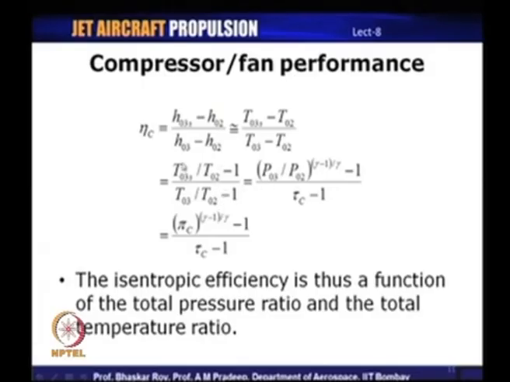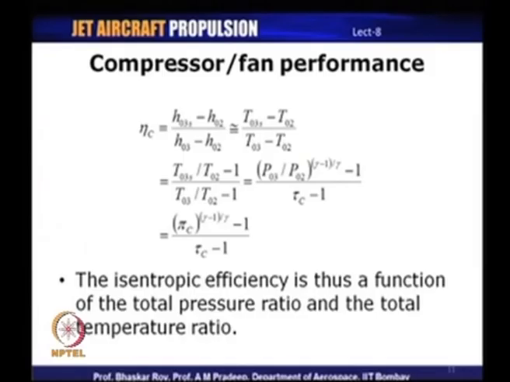The first term that you see here, the stagnation temperature ratio, one of them being isentropic, can be expressed in terms of the corresponding pressure ratios from isentropic relations. That is, T03s divided by T02 is equal to P03 divided by P02 raised to gamma minus 1 by gamma.